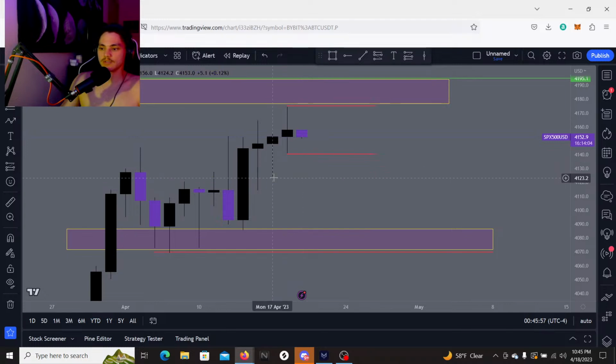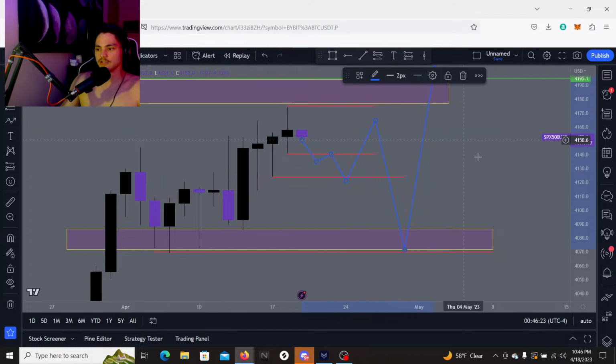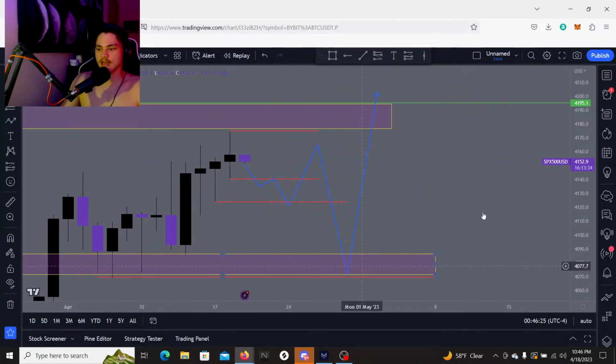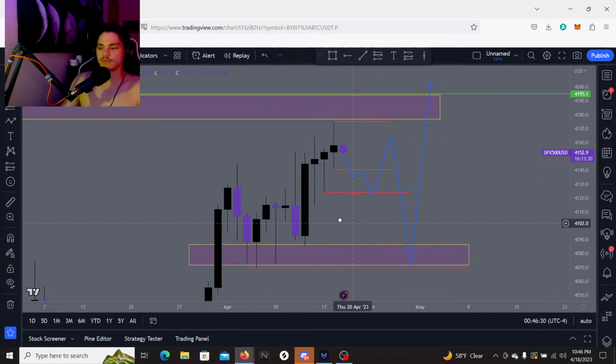We may even come further down, take out even Monday's low. Okay, maybe we play around, then take out this low, come up, then come crashing down, and then sweep. That's not for sure or anything, but I actually like that. That actually looks like a potential move.